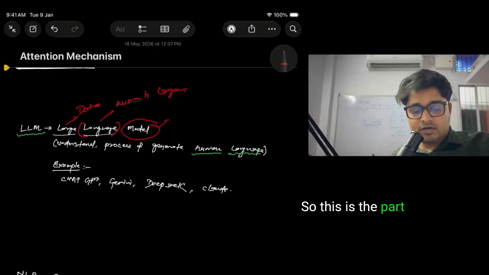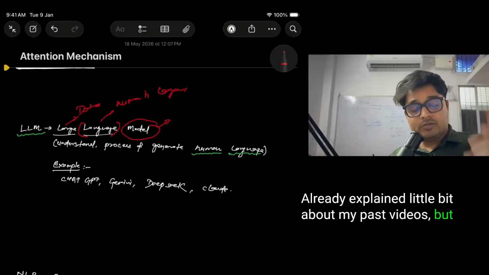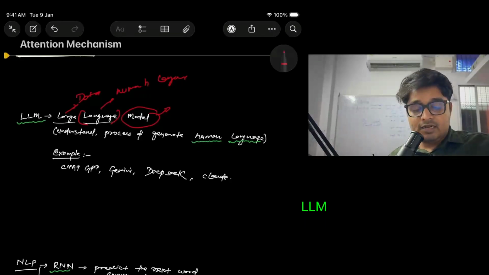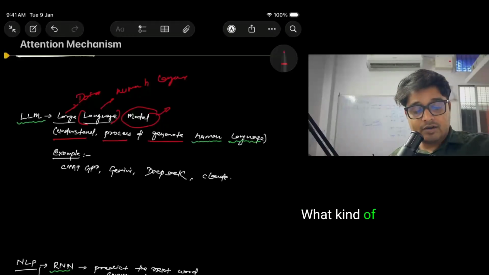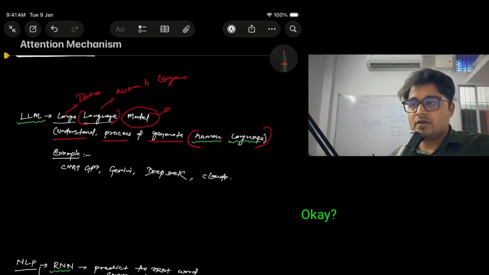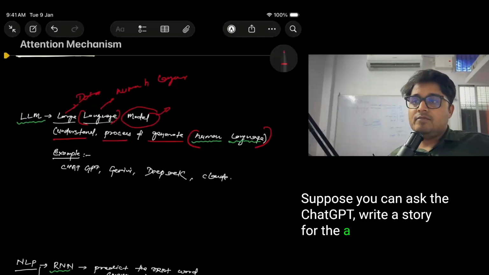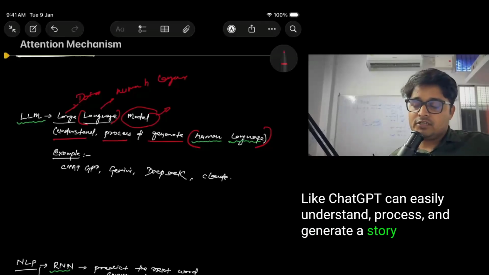I will explain the model part in a later video. I already explained a little bit in my past videos. So basically, LLM can understand, process and generate text. What kind of text? Human language text. Suppose you ask ChatGPT to write a story for a film. ChatGPT can easily understand, process and generate a story for you.